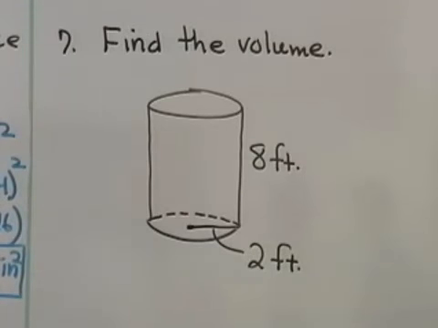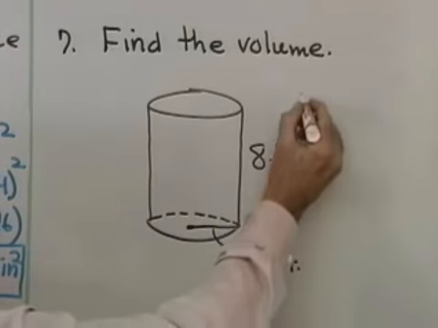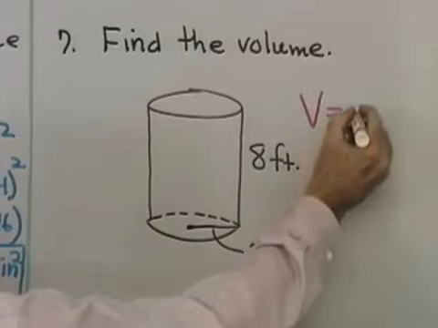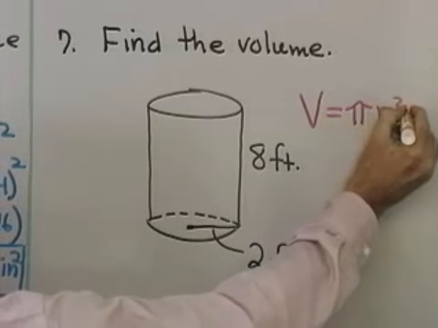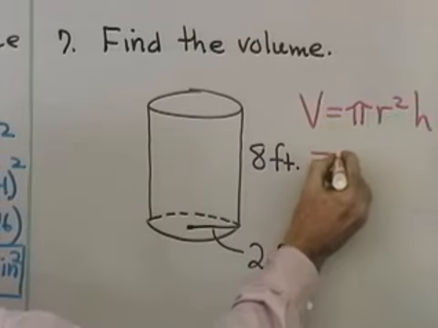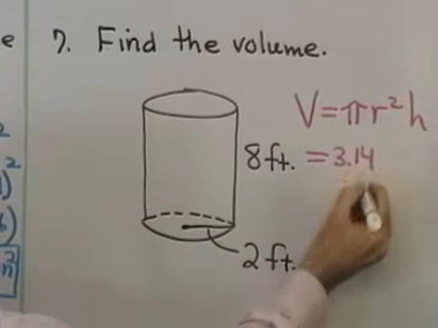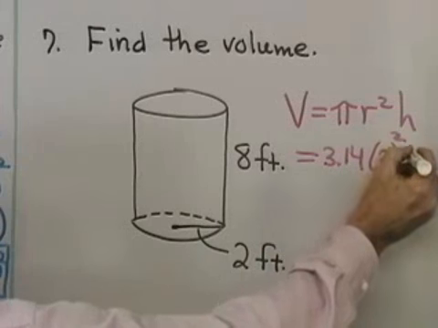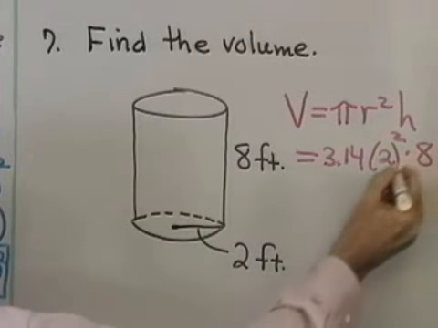Find the volume, and here I have a right circular cylinder with a height of 8 feet and a radius of the base of 2 feet. So the volume for this is going to be, according to my formula, pi r squared h. So I'll have 3.14 times this radius squared, so times 2 squared, times the height, which is 8.